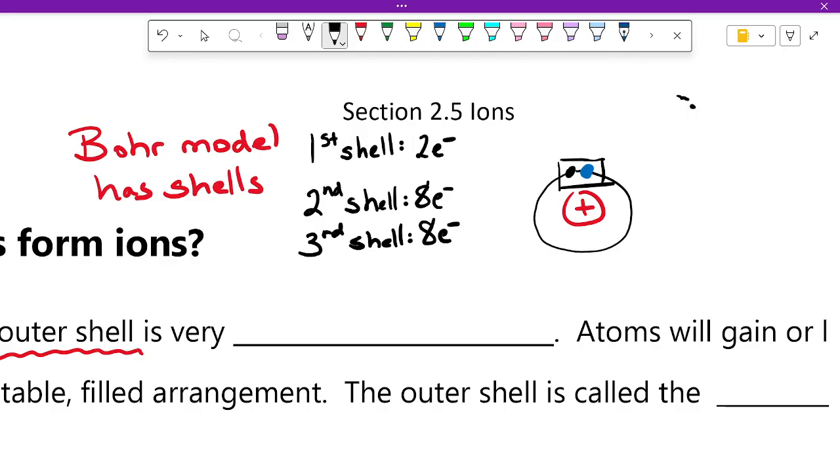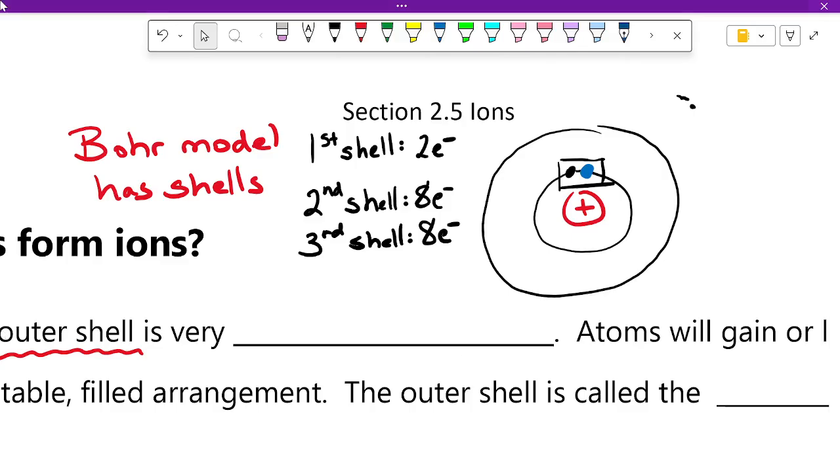So we have filled in the first 2 electrons. On our second shell, where are the 4 rooms? There's a room at the top, a room on either side, and a room at the bottom.